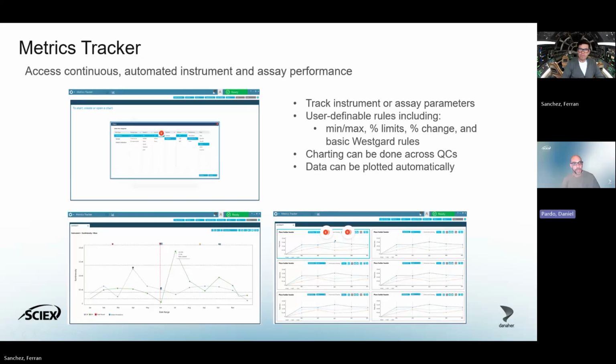Now, this is something that truly excites me, which is Metrics Tracker. Metrics Tracker was introduced with the 7500 Plus instrument, but it does something far above and beyond, which is really very powerful for our customers.